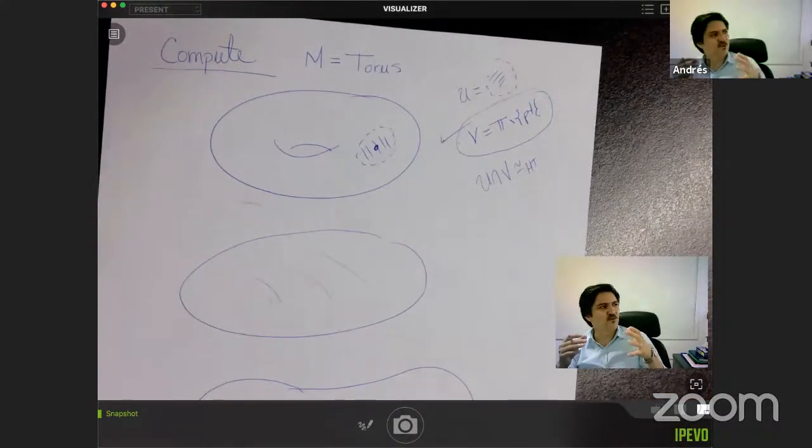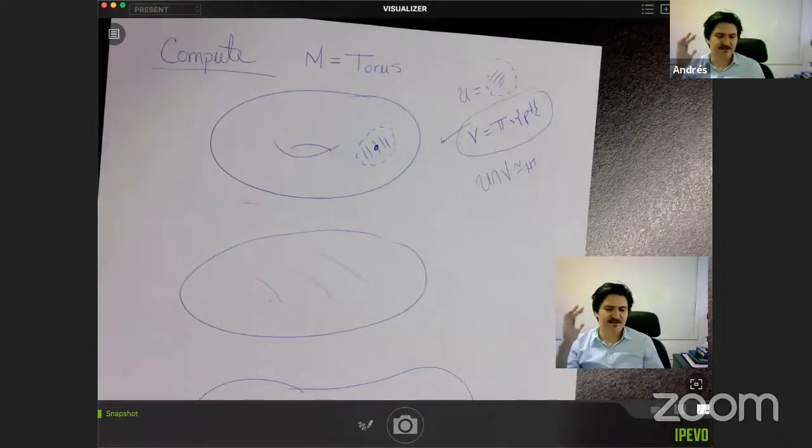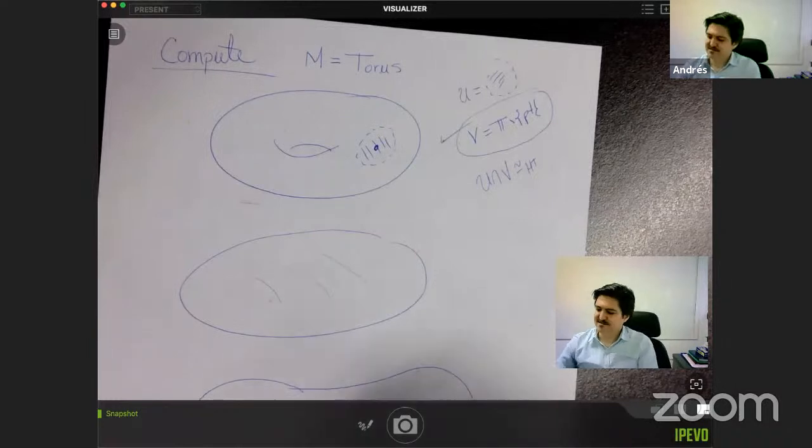V is the torus minus a point. U is a disk that contains the point.